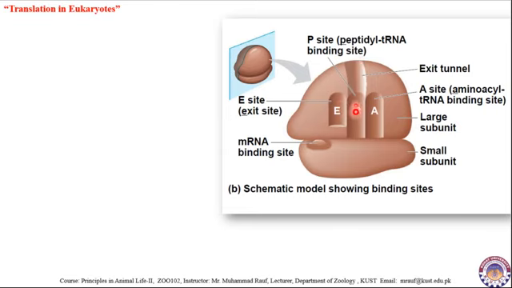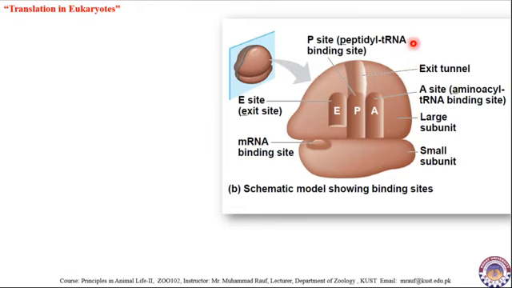So the first tRNA enters here, the second tRNA enters here, then this ribosome shifts, it changes positions. So what will happen? The first tRNA which entered here will come here, the second tRNA which entered will come here, and this A site will be free again.